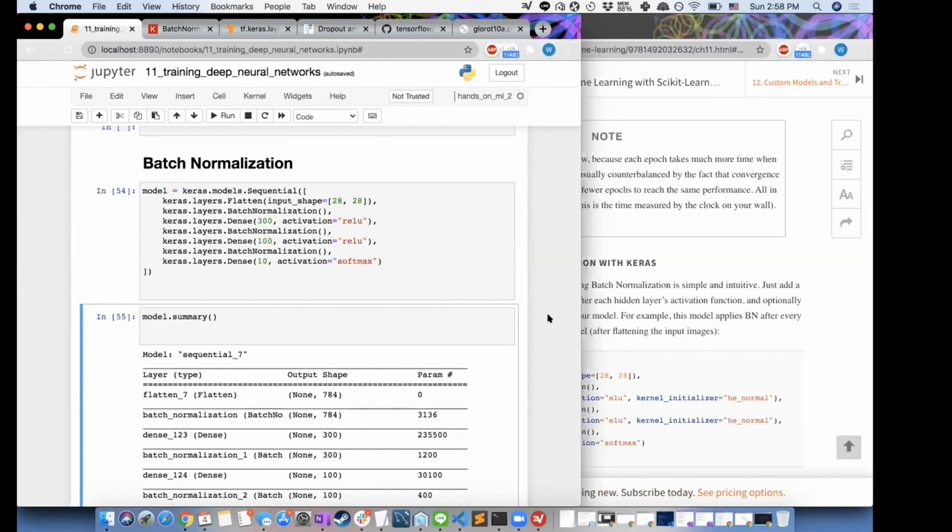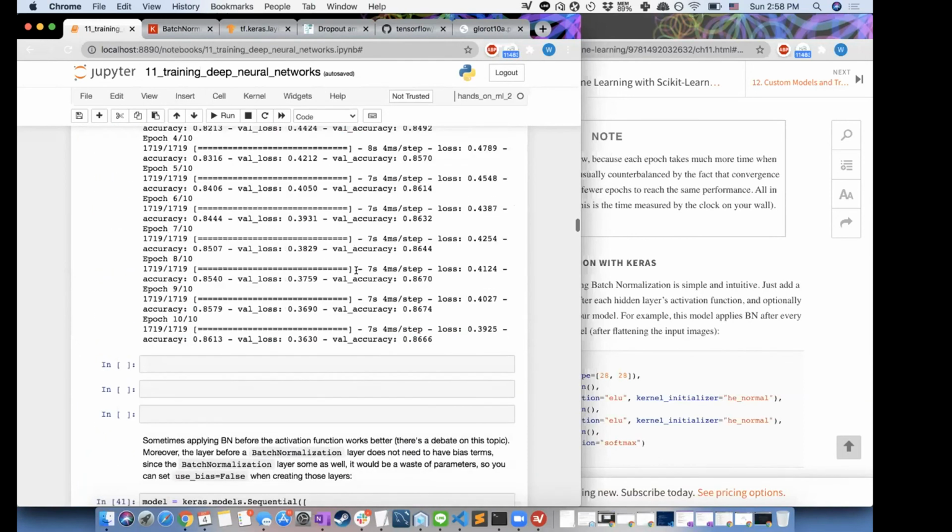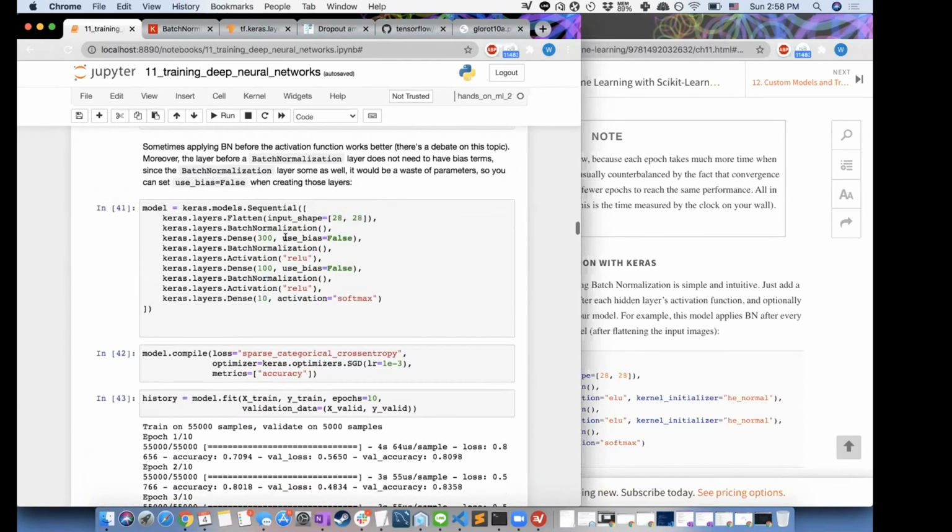Yeah, and I think he mentioned there's no right way of doing it, and people are still arguing whether you do it before or after activation. In this case, he did batch norm before the activation.